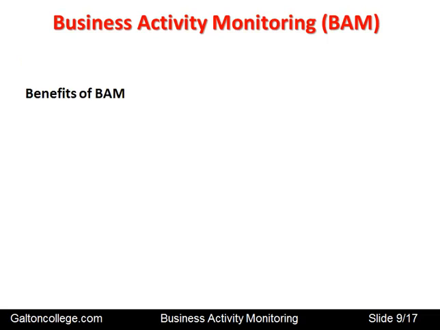Now, the benefits of business activity monitoring. Well, it's real time, so it's happening right now, and the information is in a usable format. Although it's right now, it may have technologies applied to it which make it usable and understandable.